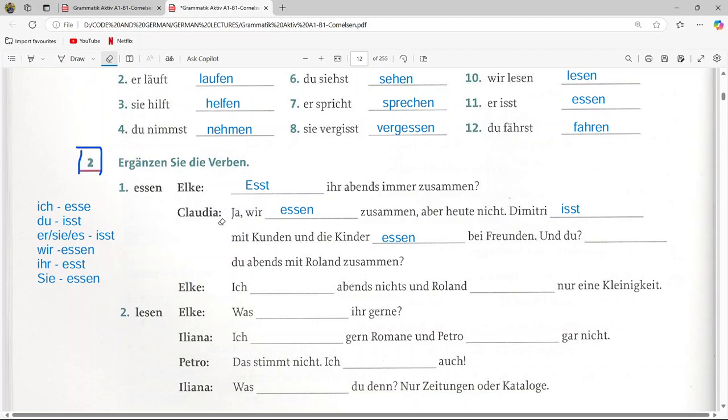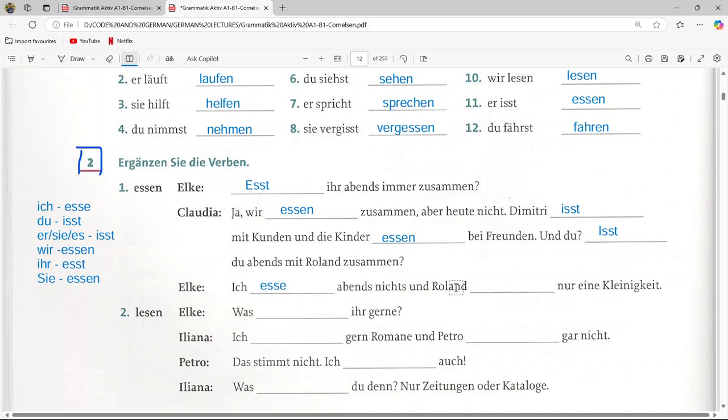And now she is asking back a question, und du? The pronoun is du, and for du it is isst, so: Isst du abends mit Roland zusammen? Do you eat together with Roland? Okay, and then Luke is replying with ich, for ich essen becomes esse, so: Ich esse abends nicht.